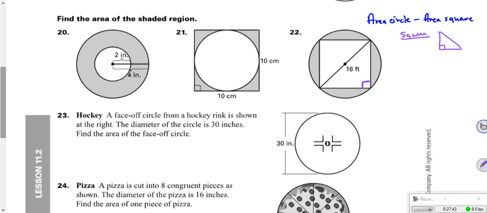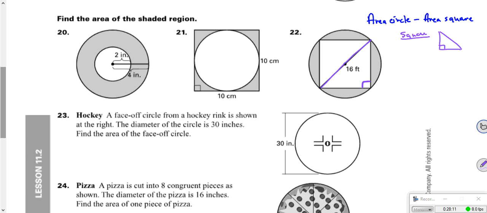I know because the intercepted arc is 180, and your inscribed angle, remember, is half of the intercepted arc. Do y'all remember that, back from chapter 10? If the intercepted arc is a semicircle, that means it's 180 degrees. Half of that is 90. So I know that's a square.